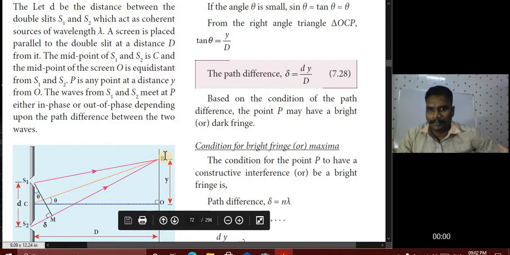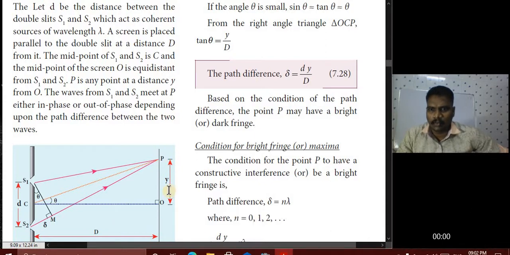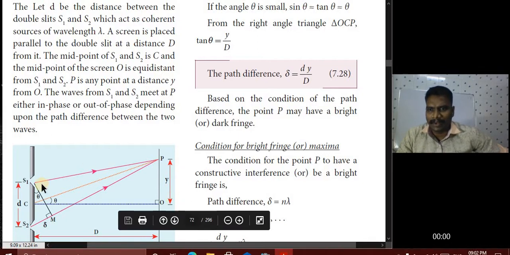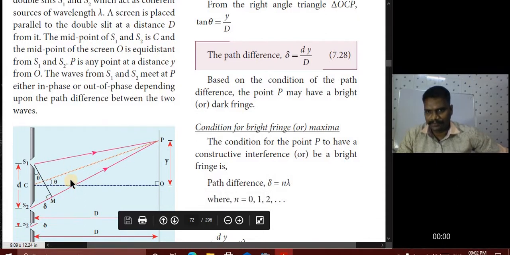This point P is any point at a distance Y from O. The waves from S1 and S2 meet at a point either in phase or out of phase, depending upon the path difference. Here this is the path difference between the two waves.